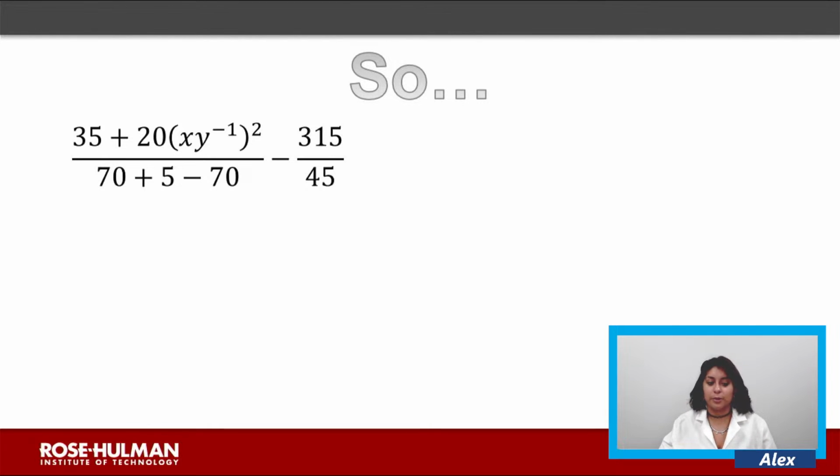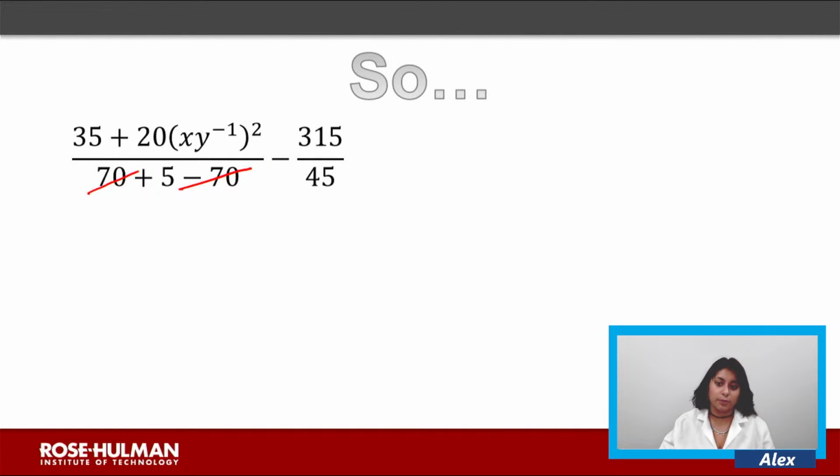Our next step in the Pemdas is to do your multiplication and division. And so those can be done in whatever order makes sense. Here you can see in the denominator we have 70 plus 5 minus 70, so we can go ahead and just make that 5. And then we have a bunch of these coefficients over here and then a fraction over here.